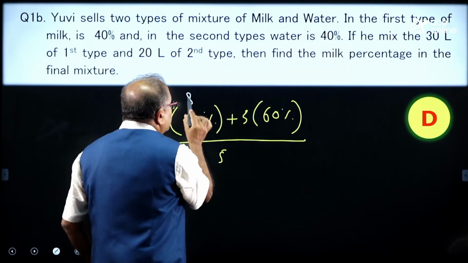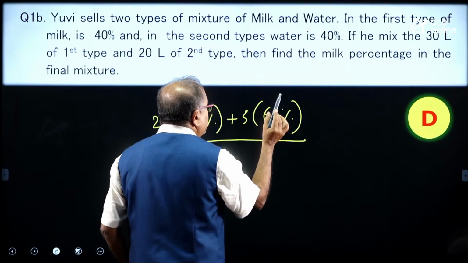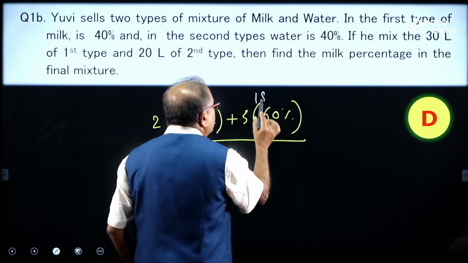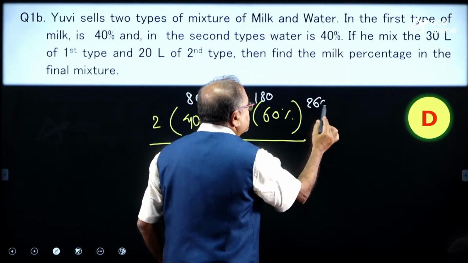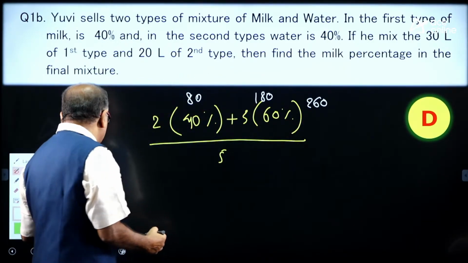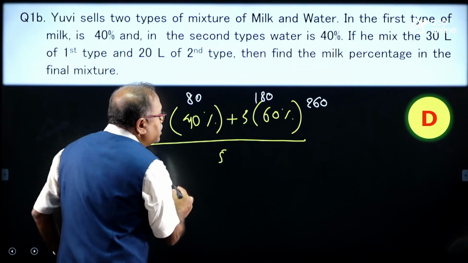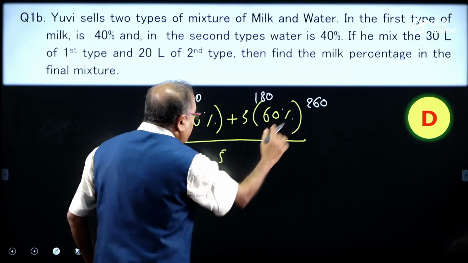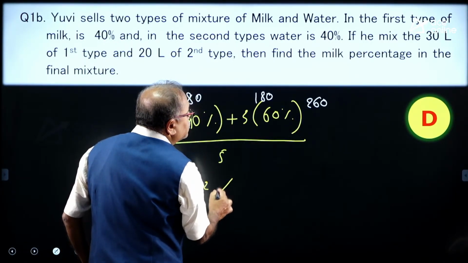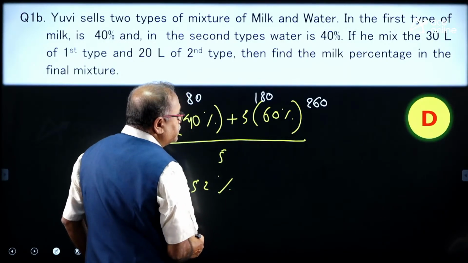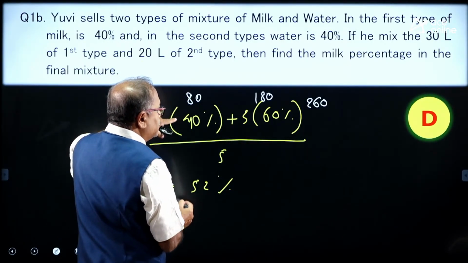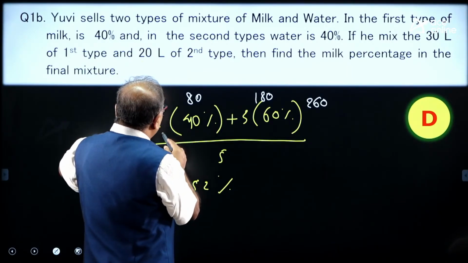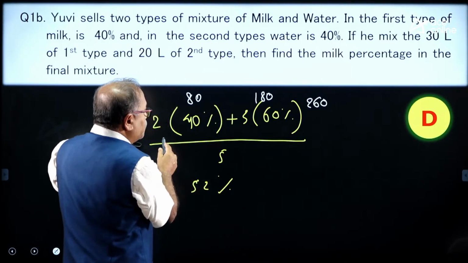That is 80 and 3 times 60 is 180, the total is 260. When 260 is divided by 5, I will be getting 5 times and 2 times, is it not? That is 100 and this 30 liter, right, taken in 2 parts.